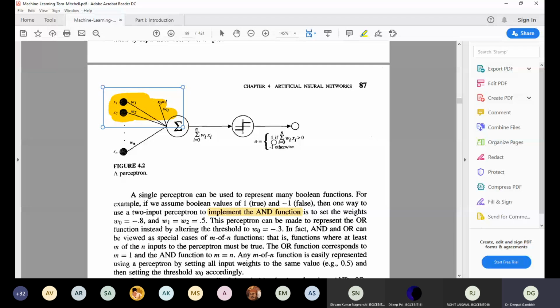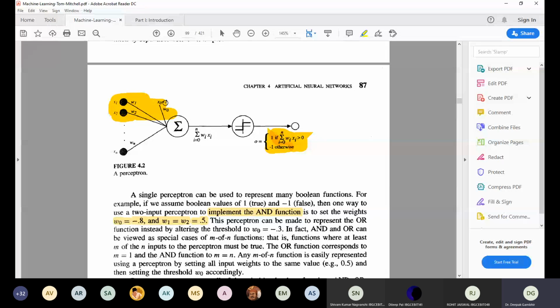So here we are using the output as plus 1 and minus 1. Minus 1 represents 0. So if you take some threshold, for example 0, then in the case of perceptron we need to fix the weights. If we implement the AND function, we can set the weight W0, which is the weight given for the fixed input x0 equal to 1.